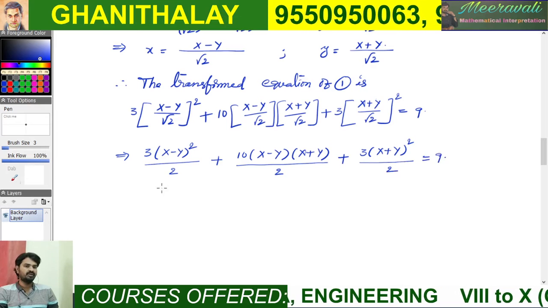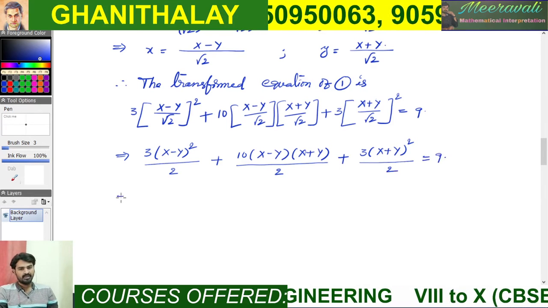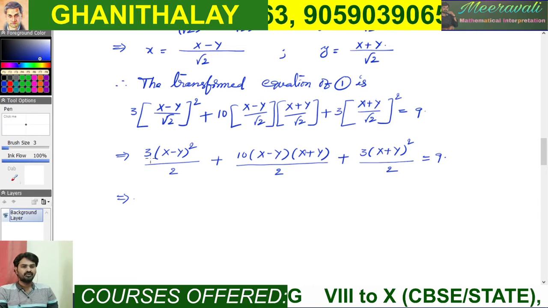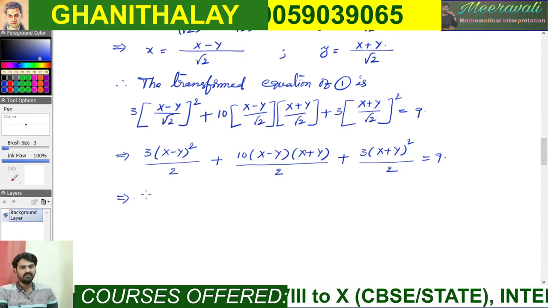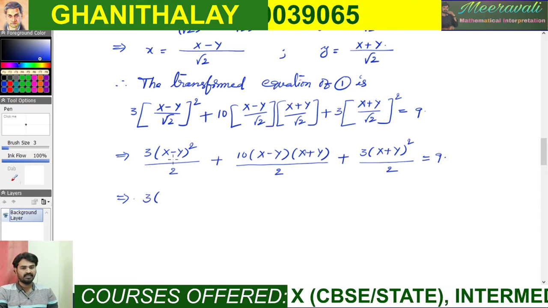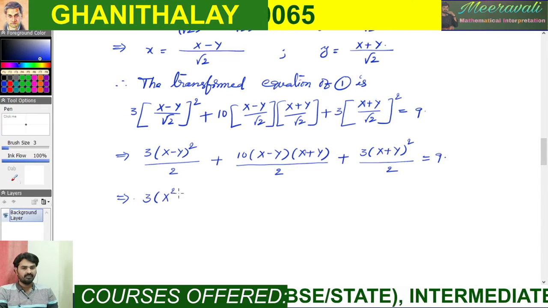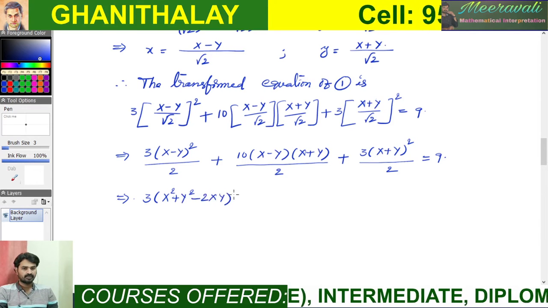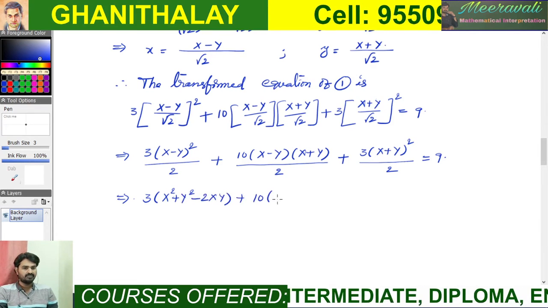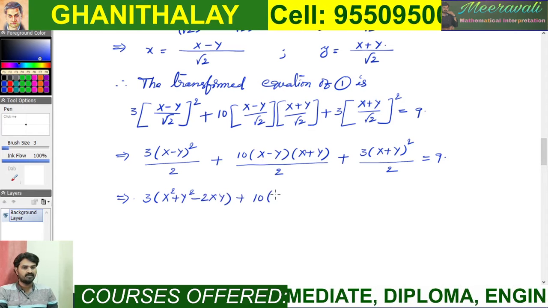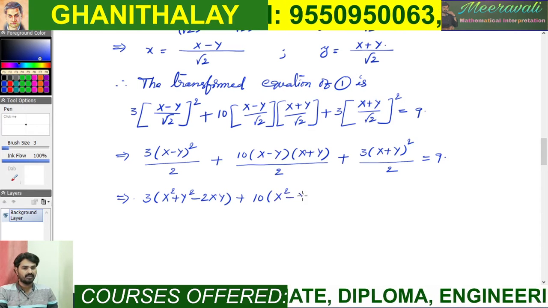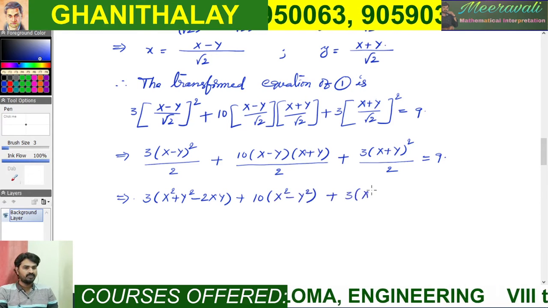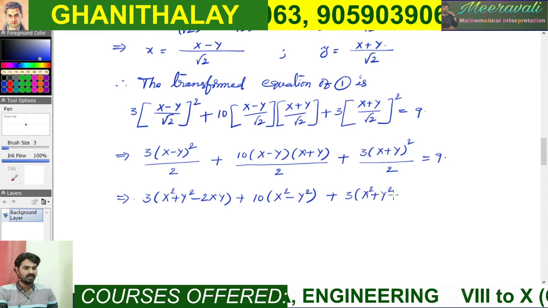So finally you get this answer. Now all the denominators are the same in every term, so you can add the numerators directly. Now I am going to expand (a minus b) whole square, plus 10 into, this is of the form (a minus b) into (a plus b), so I have used the a square minus b square formula. Now 3 into, this is the (a plus b) whole square formula I am using here.